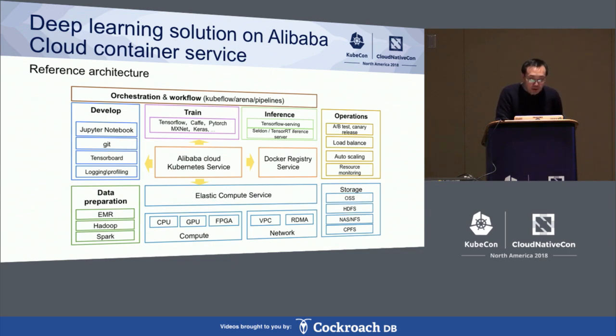And then for inference, we now support TensorFlow Serving by default, and we also support integrating some other generic inference services like Seldon Core or NVIDIA's TensorRT inference server, which may provide more generic inference capabilities for different frameworks, right?